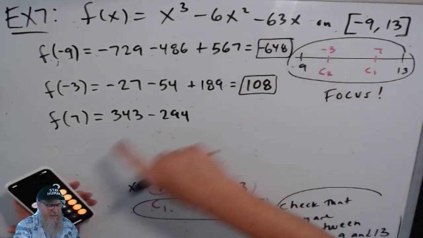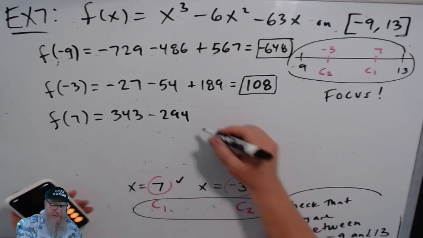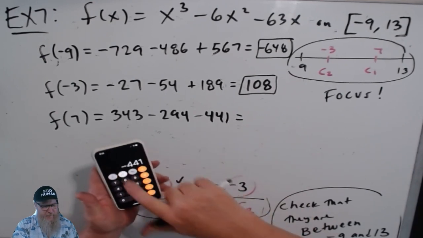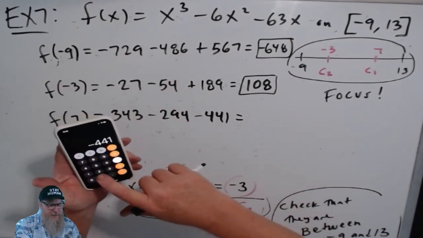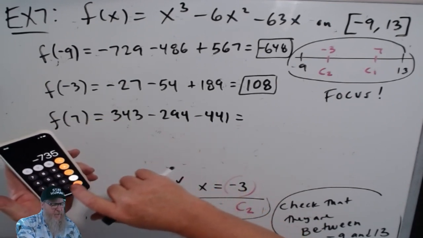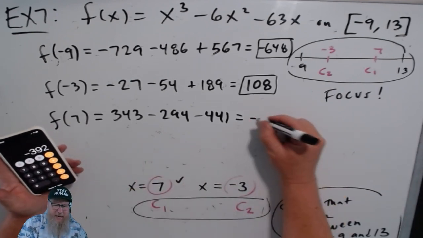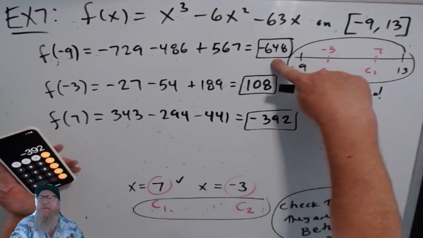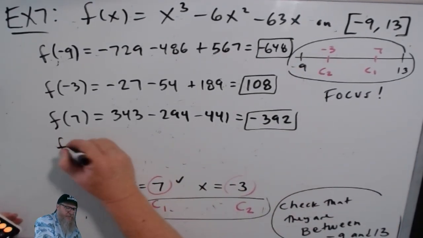Negative 63 times 7 is negative 441. So I got negative 441 minus 294 plus 343. Negative 392. So far, that's the min. Negative 648 is still the min.